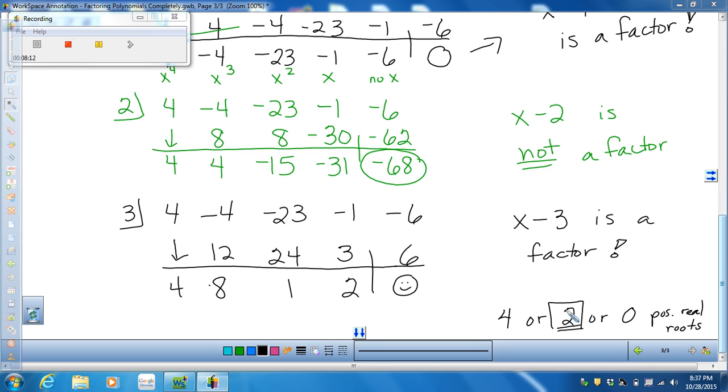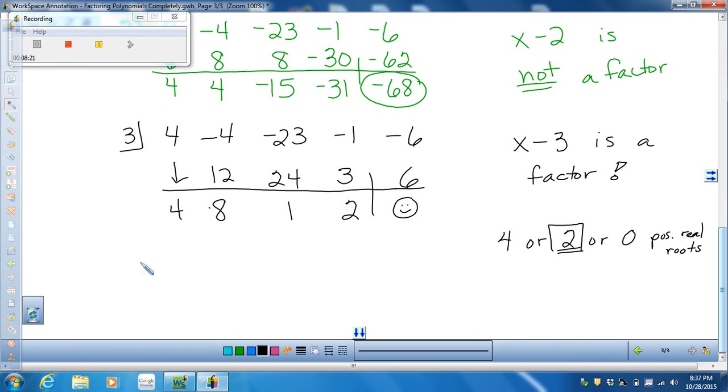Now, I have a pretty good idea, since there's only 5 possible roots, because the degree of our polynomial was x to the 5th. Because that was our degree, there can only be 5 total solutions.